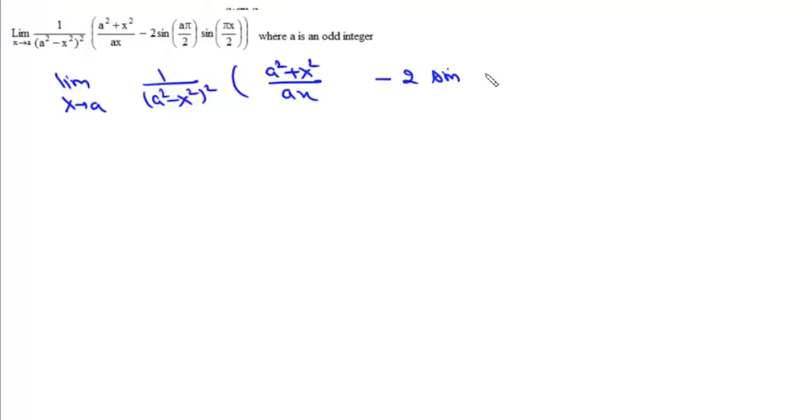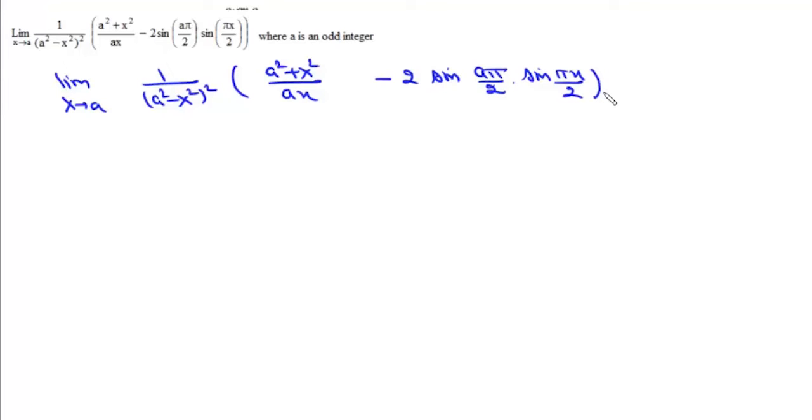Now here the question is, we need to solve this limit x tends to a, 1 upon a square minus x square whole square, and then we have a square plus x square upon ax minus 2 sine a pi by 2 into sine pi x by 2.